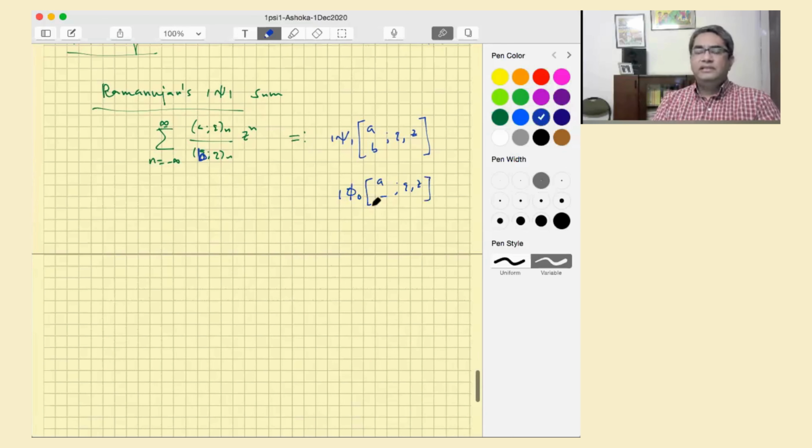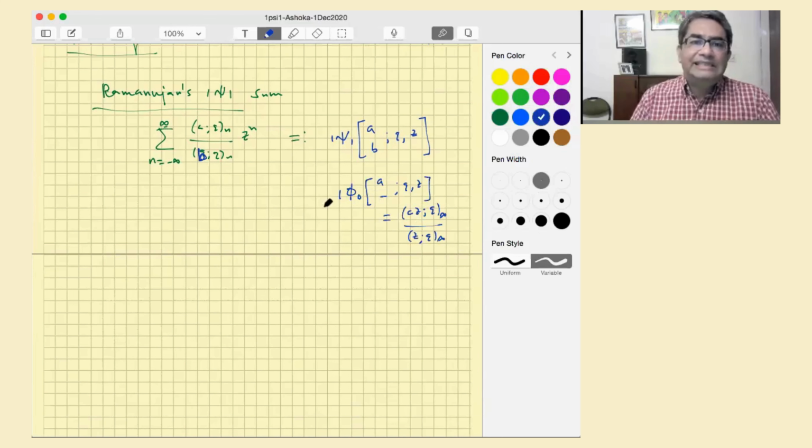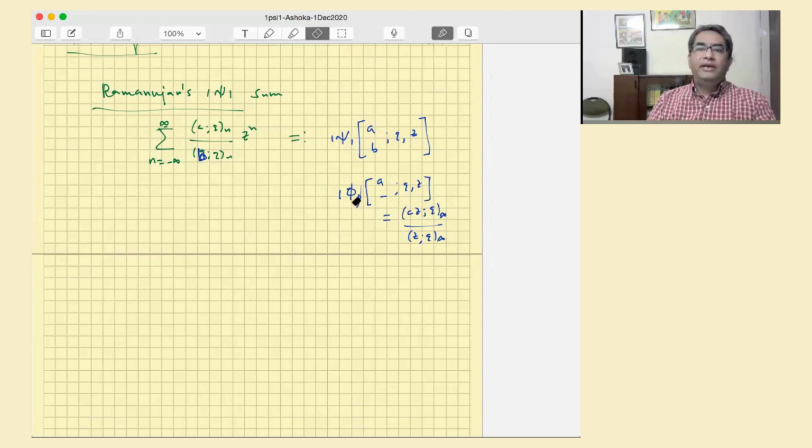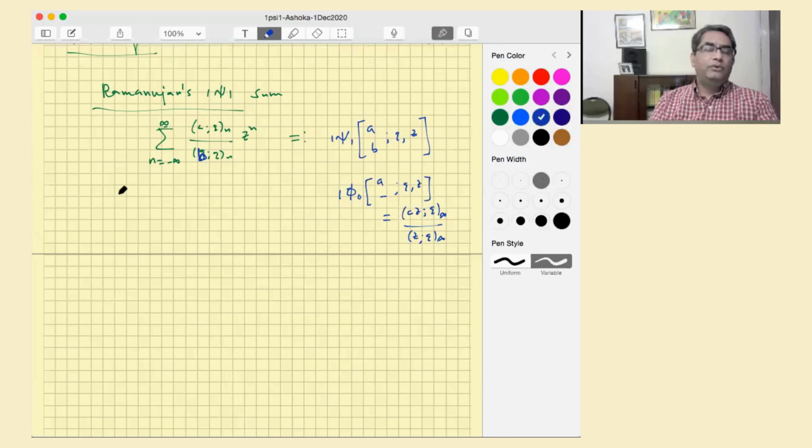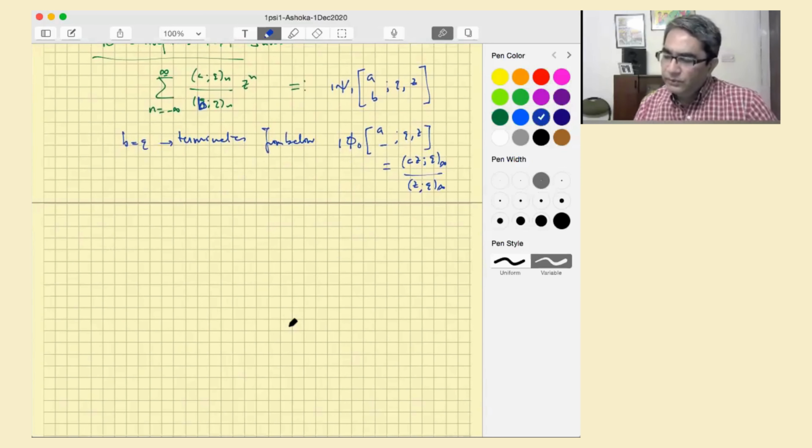So this phi series, as we saw, is the q binomial theorem. The meaning of the term 1 psi 1 comes from this hypergeometric notation, where you have r phi s series in general, and psi series come when they are bilateral, when there is no q in the bottom. And this q, I explained to you that when b is equal to q, then it terminates naturally from below. So it's very natural.